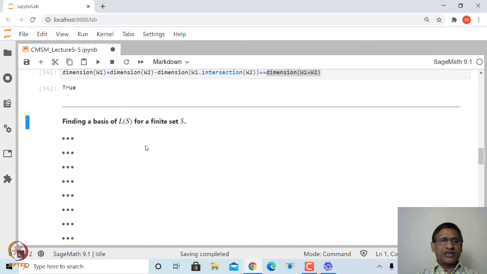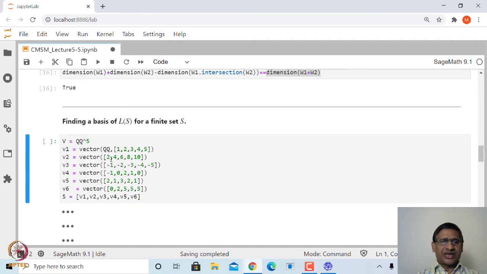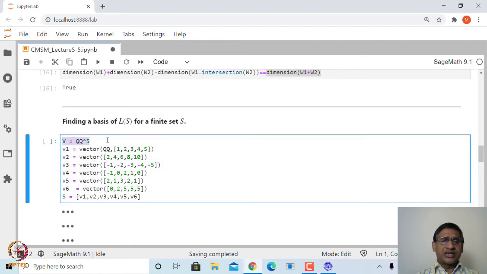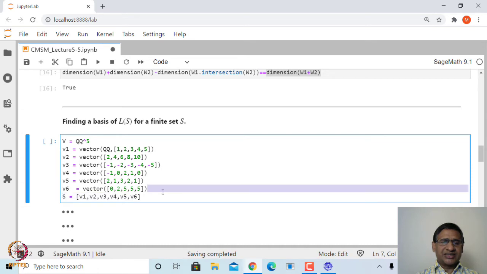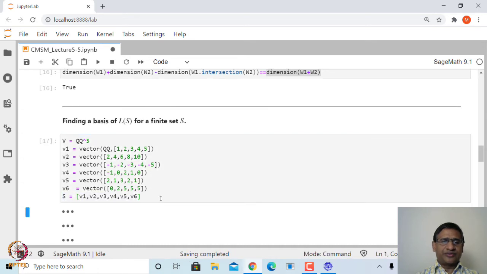Next example, let us look at finding a basis of linear span for a finite set. Okay. This actually we have already seen, but let us look at it again. Suppose I have q to the power 4 and I have 6 vectors V1, V2, V3 up to V6, and S is the set containing V1, V2, V3, V4, V5, V6.